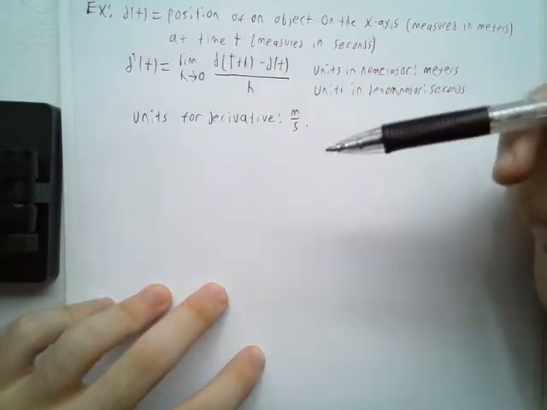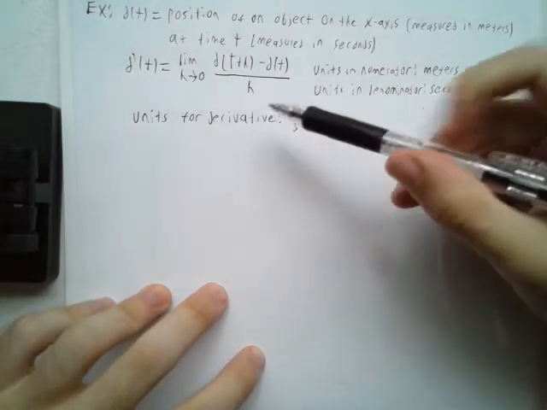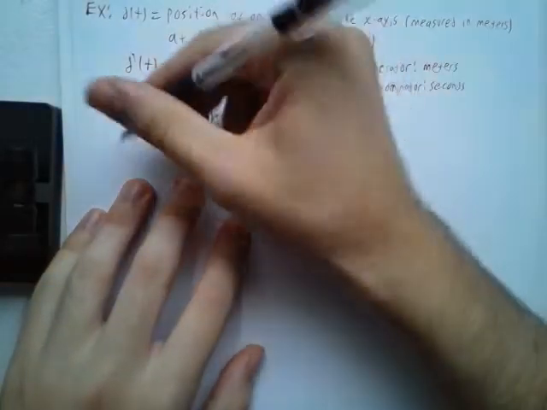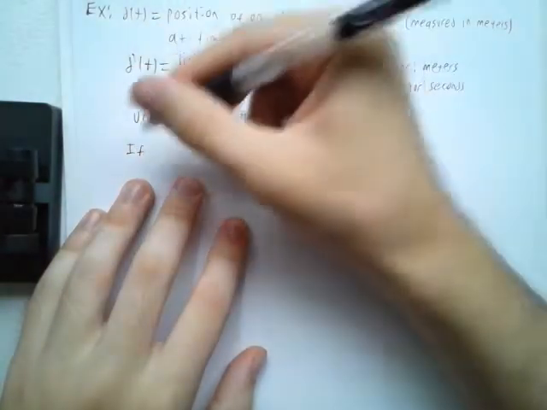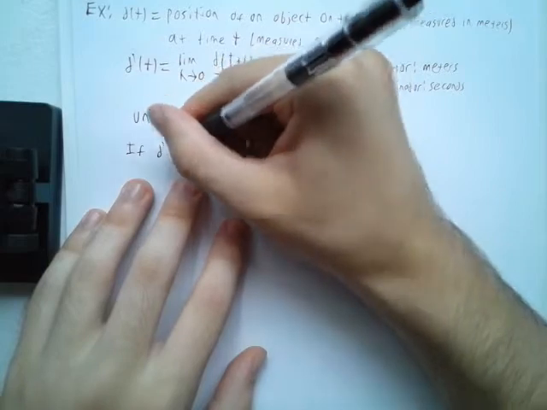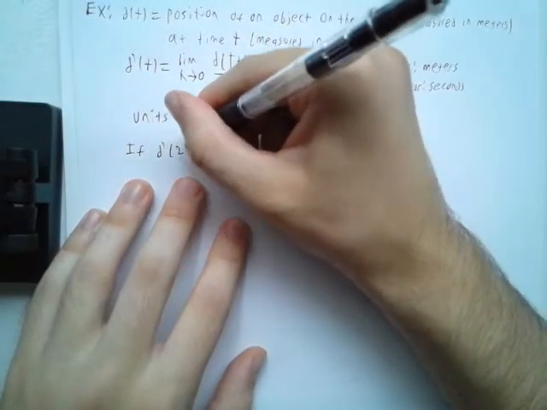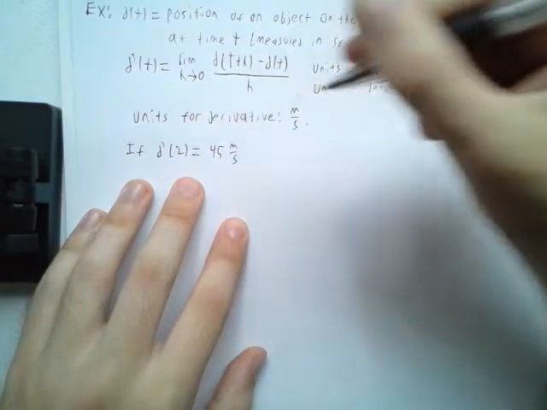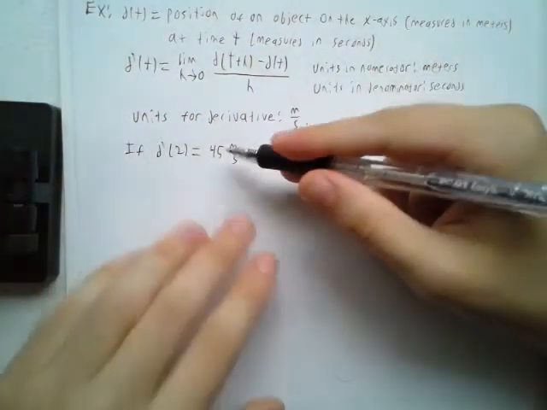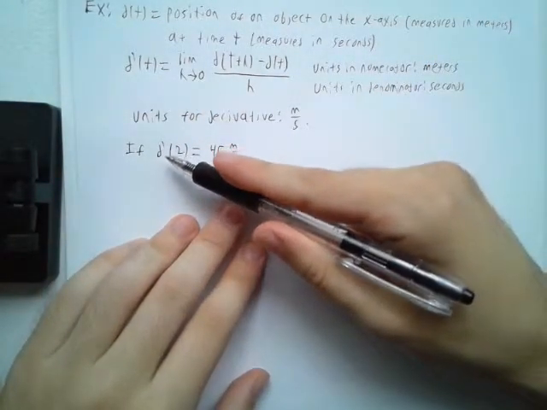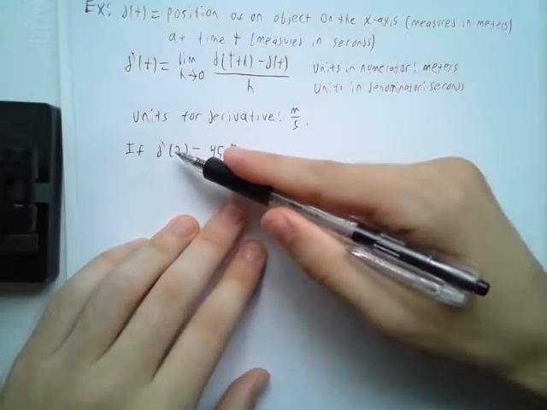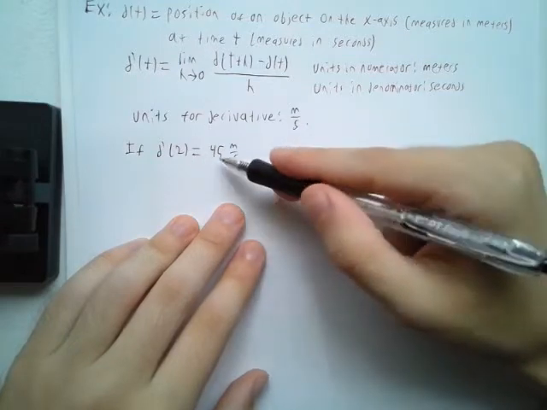And so what does instantaneous velocity really tell us then? So if d prime of, let's say, 2 is equal to 45 meters per second, this is saying that if the object continued to travel at the same rate as it was at the start of the second, then it would travel an additional 45 meters in the next second.